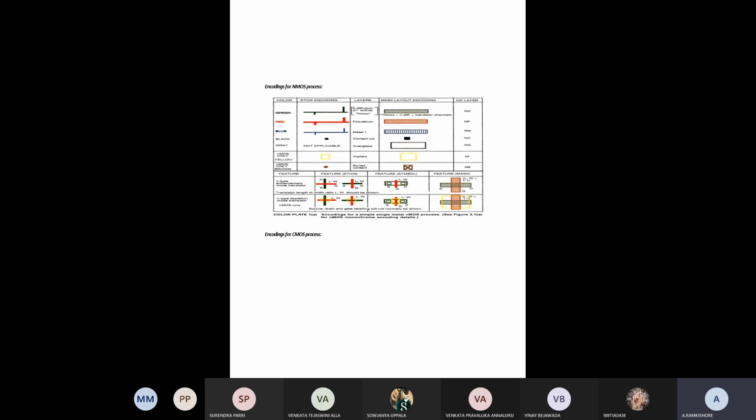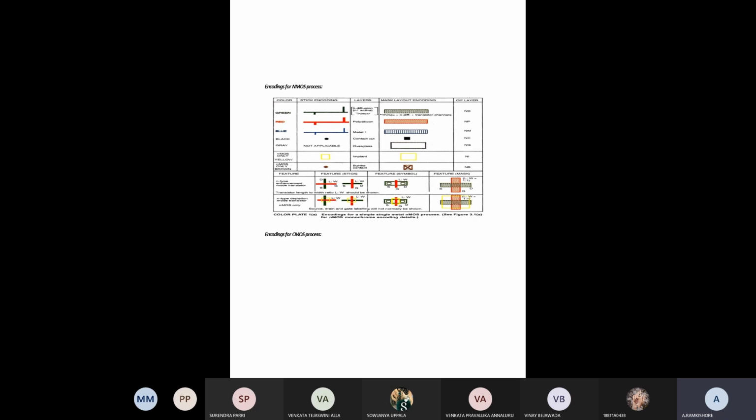We have to represent a green line, but in mask layout encoding, we have to represent right inclined lines within a square or rectangular box. So we represent right inclined lines for N diffusion. Clear? So here we have to represent different mask layers with different colors.